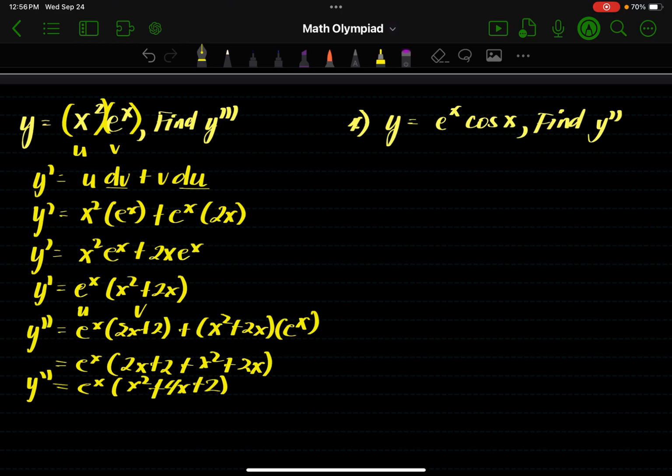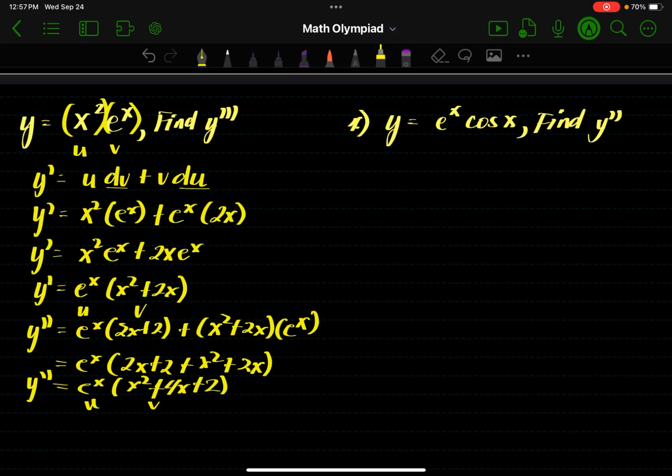Then this is another u dv and v du. So e raised to x is our u, and x squared plus 4x plus 2 is our v. Let's apply again the product rule because we have two functions, e raised to x times x squared plus 4x plus 2.